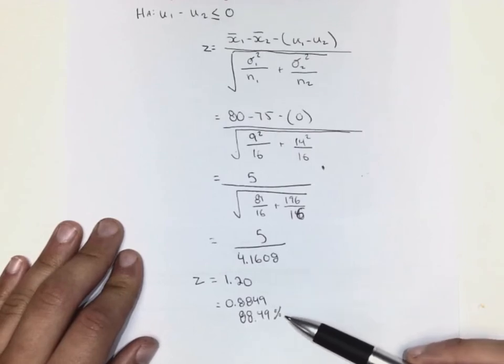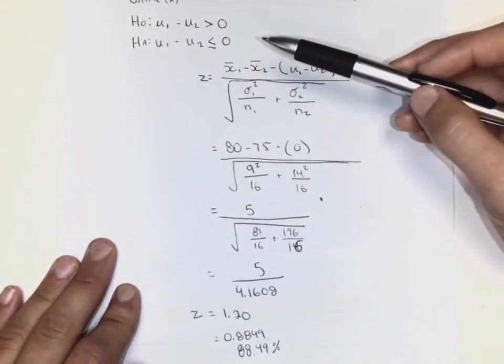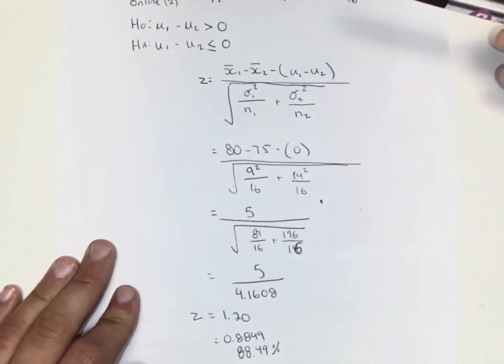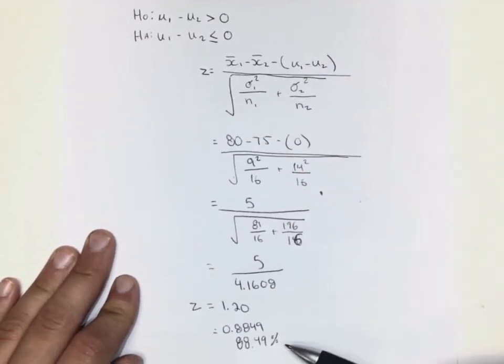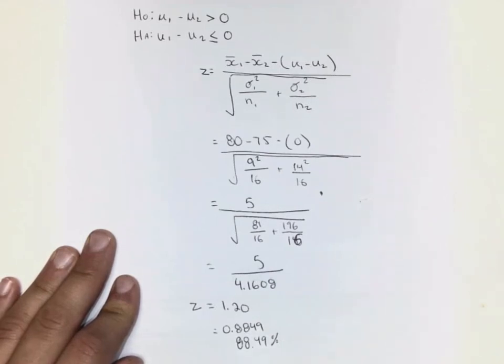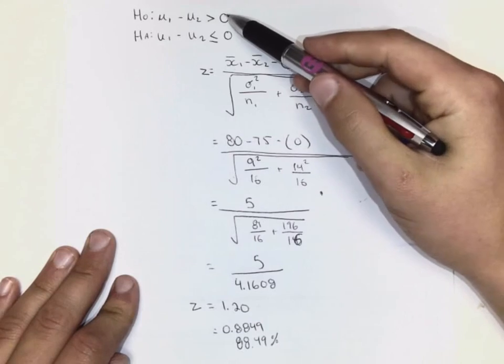Well, this is 88.49%. So although we can never say that our null hypothesis is true, we can say with a fair amount of certainty that it is very likely to be true. At 88.49% of the likelihood of seeing a sample set like this, this would be something that is very likely to be true. So we don't reject our null hypothesis.